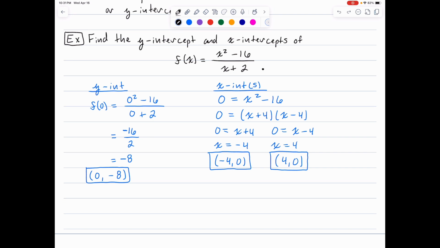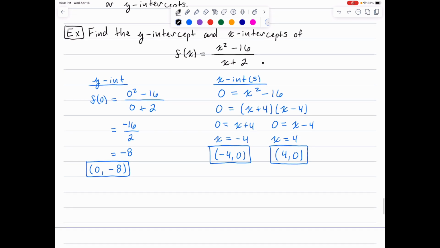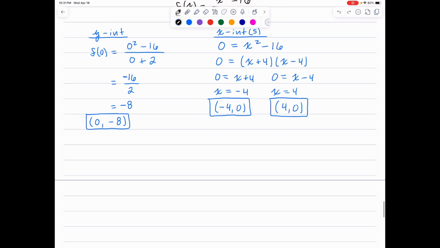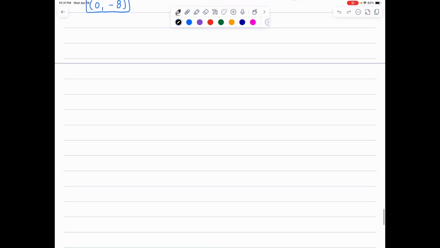All right. Last but not least, we want to combine all the information that we just learned and graph some rational functions. So I'm going to start by writing out the example prompt, and then you'll notice some cuts in the video as I prep us for graphing the functions when we get to the point where we're going to graph them.